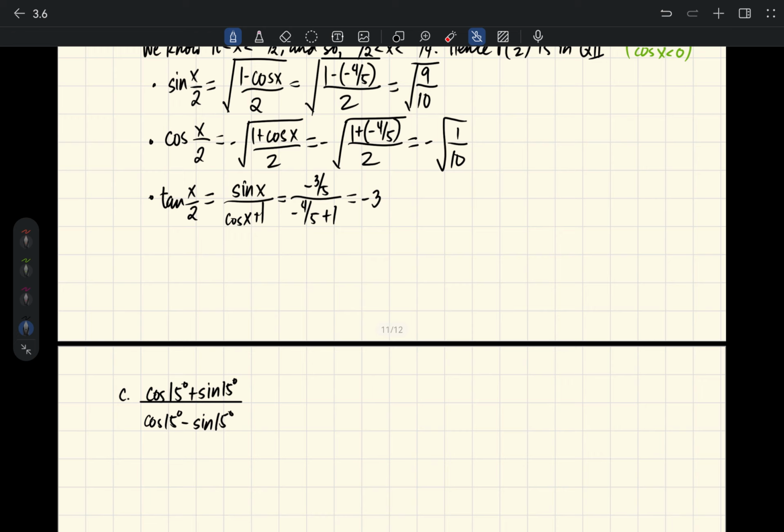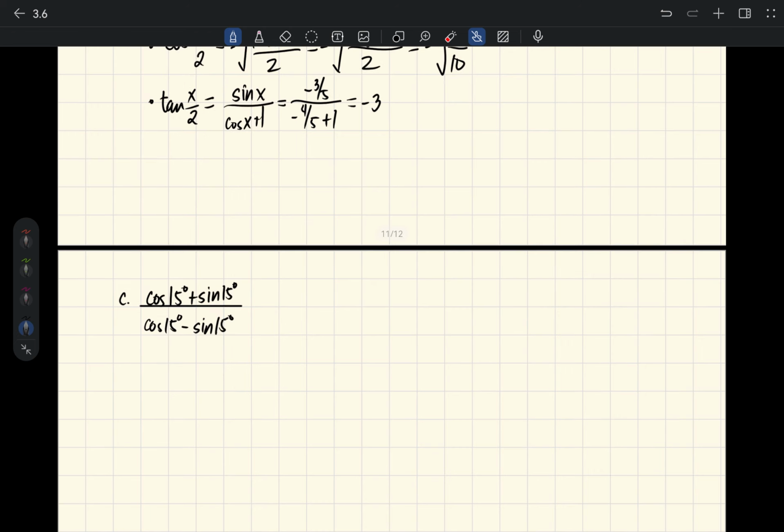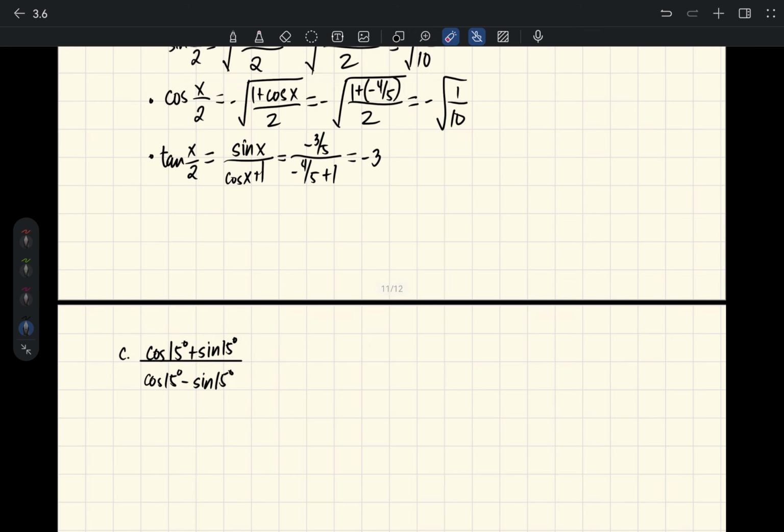How do we do this? Take note that 15 degrees equals 30 degrees over 2. So we can write everything as cosine of 30 degrees over 2, you have here sine of 30 degrees over 2, and accordingly in the denominator.